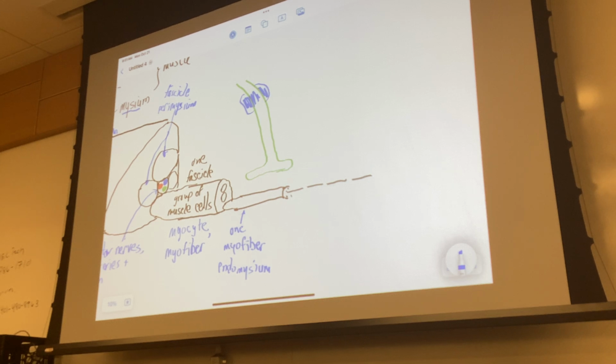There's another cell here. Or another two cells, really. The green part is a motor neuron, and the part of that motor neuron is actually called a terminal axon.